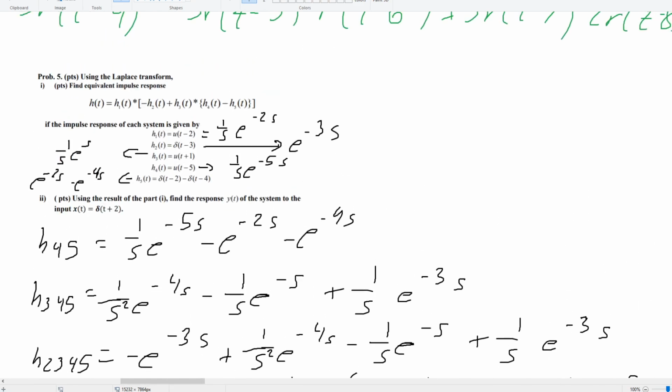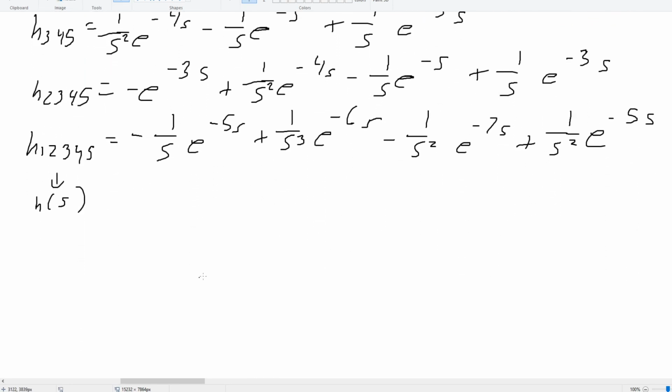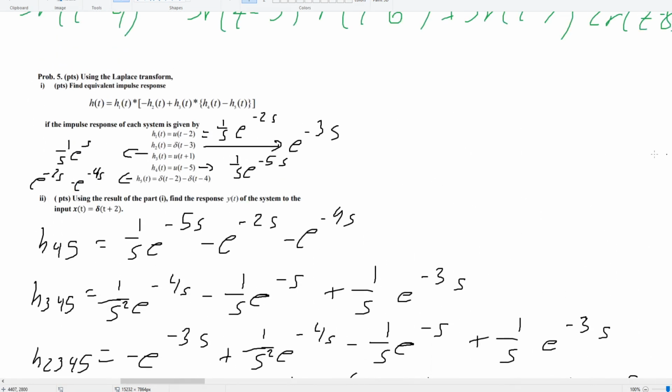Now, he's asking for y of t, and we know that y of t is equal to h of t times x of t. But we only have it in h of s right now, so we're going to keep that like that.